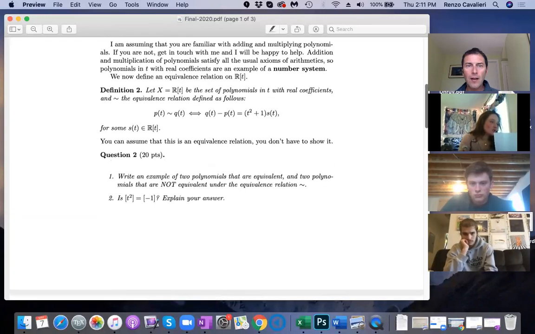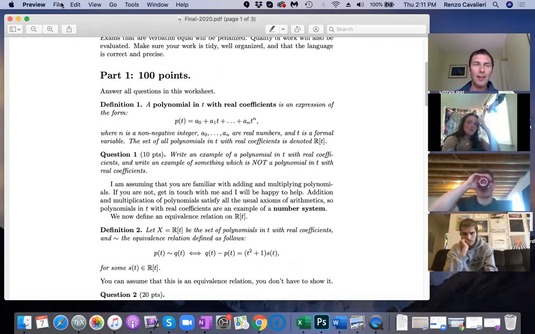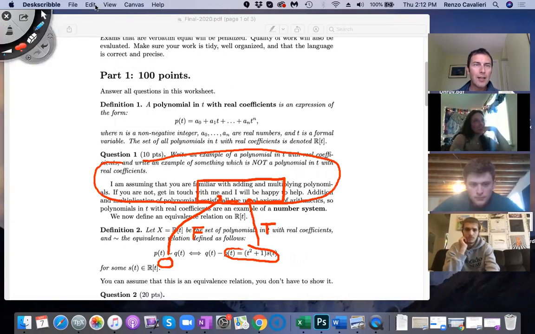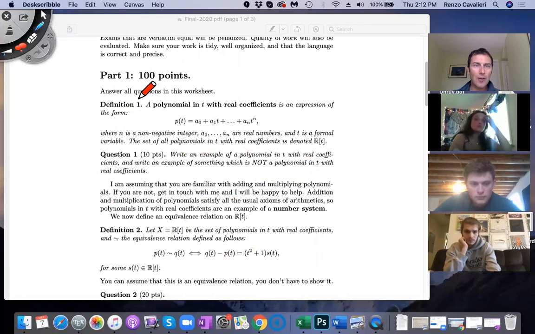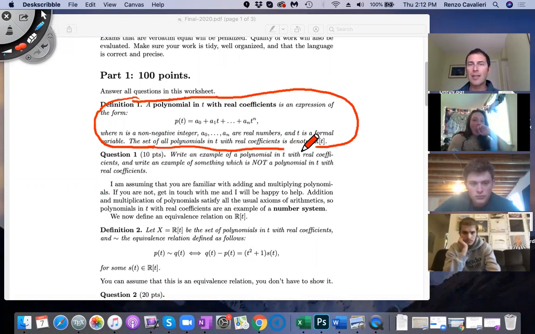Well, again, there is a definition here. Let me pull this thing out again and wipe this. In this case, the definition of a polynomial is right here. So something which is not a polynomial is something that does not satisfy this definition.